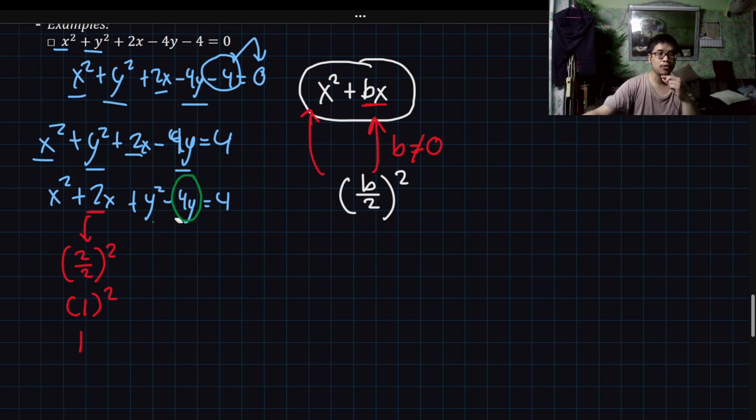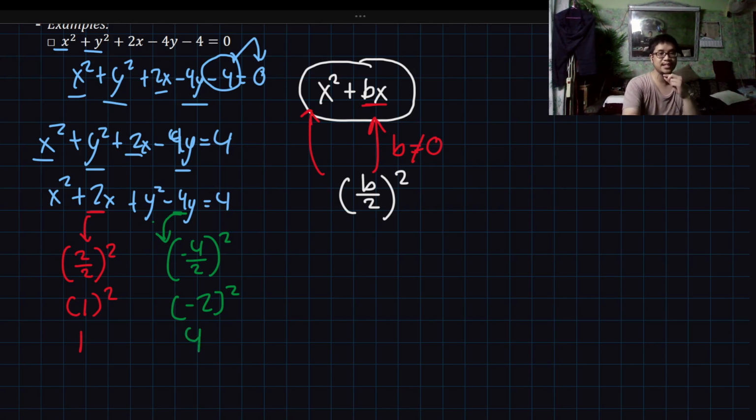First, you get the coefficient of your y, the first degree term, which is negative 4. Next, you divide negative 4 by 2, so you have negative 2. Then you square the result, 4. That's it.